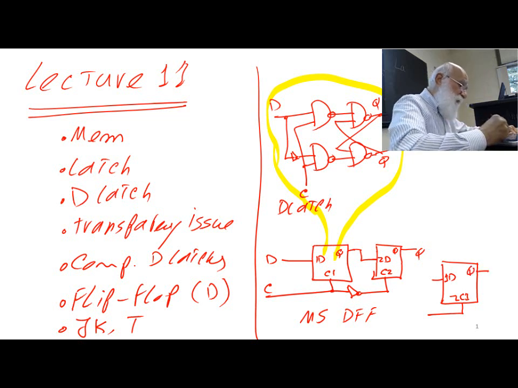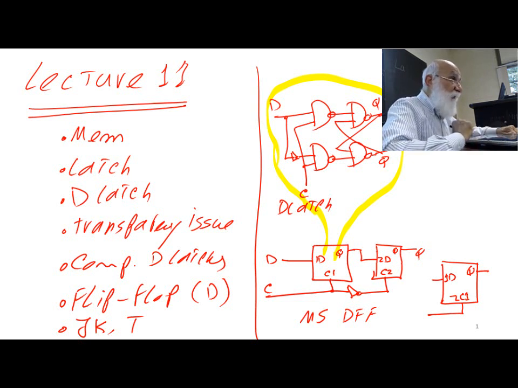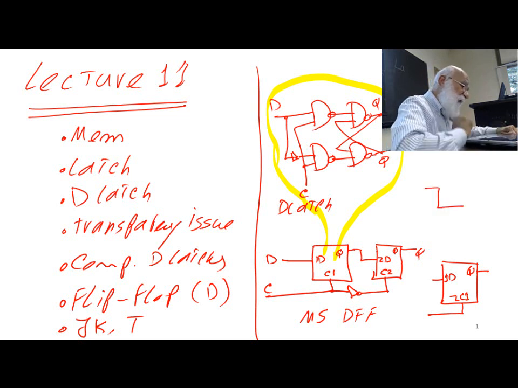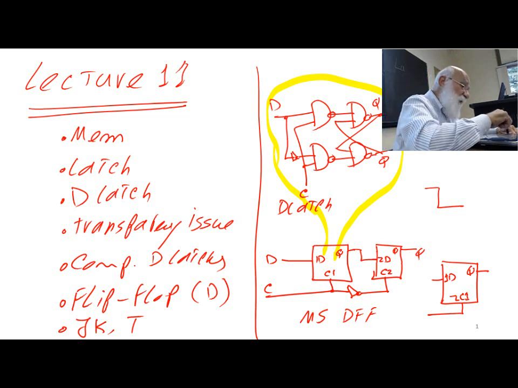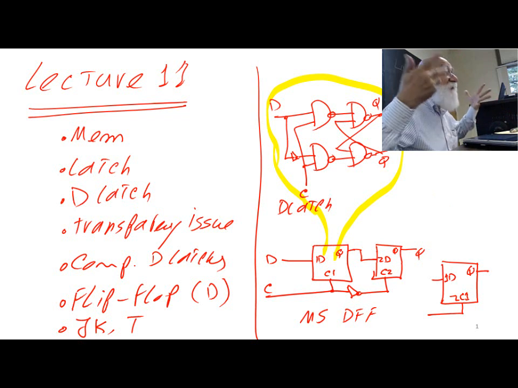Okay, notice that in addition to the C1 that I have for the clock, I also have a kind of edge, something like this, next to C, indicating that my output changes with the edge of the signal on that particular input. Okay, and that's the symbol, but that's exactly where the problem is, which I'm going to talk about today and make some corrections.